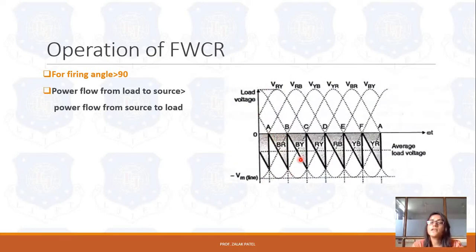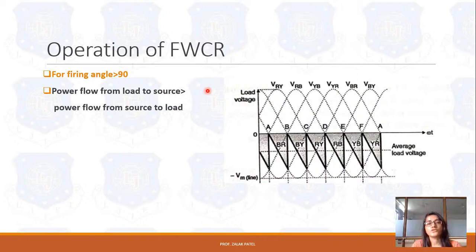Here you can see that the negative portion is more compared to the positive portion, and because of that the power flow from load to source is more compared to the power flow from source to load. Even you can use the equation of average load voltage for that FWCR, which we will see in the next example.